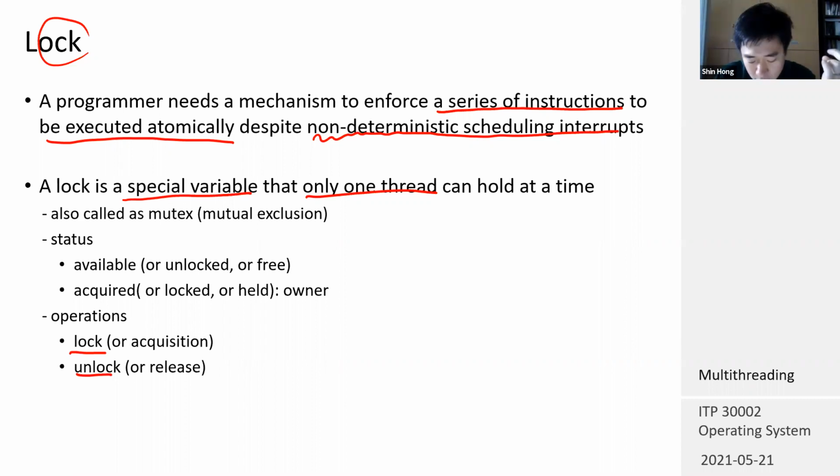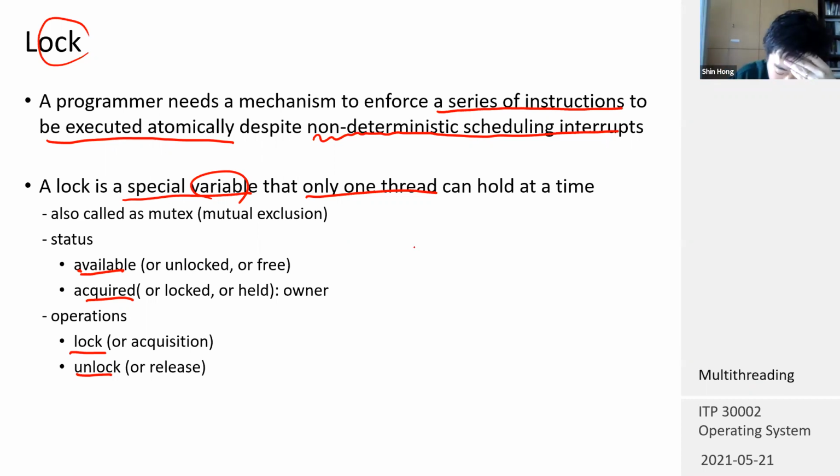Let me elaborate a little more. Since the lock variable is a variable, it can contain a value, and this value can be either available or acquired. Non-available means that somebody already holds this lock, so the resource is already acquired.